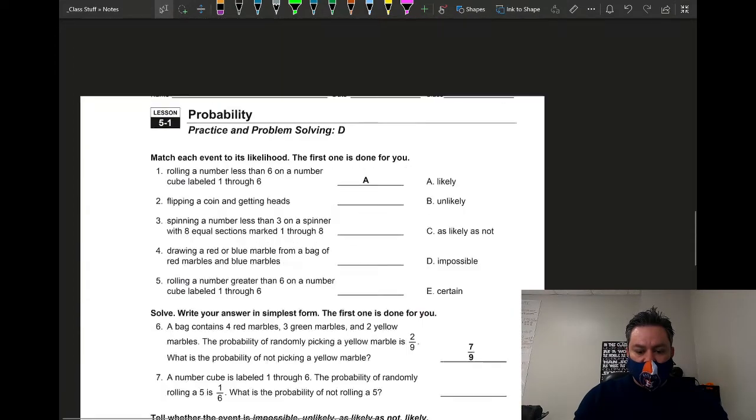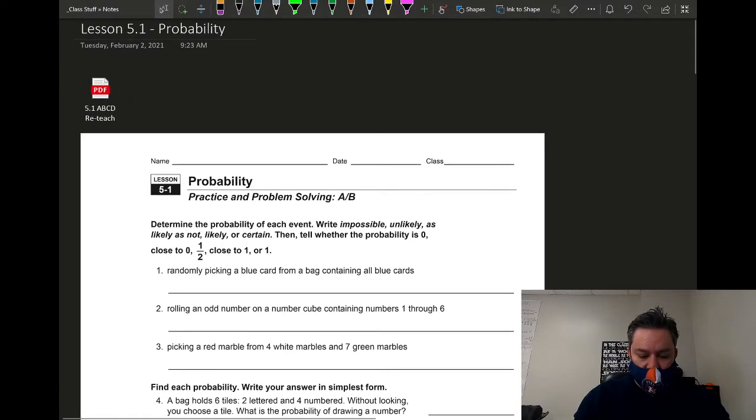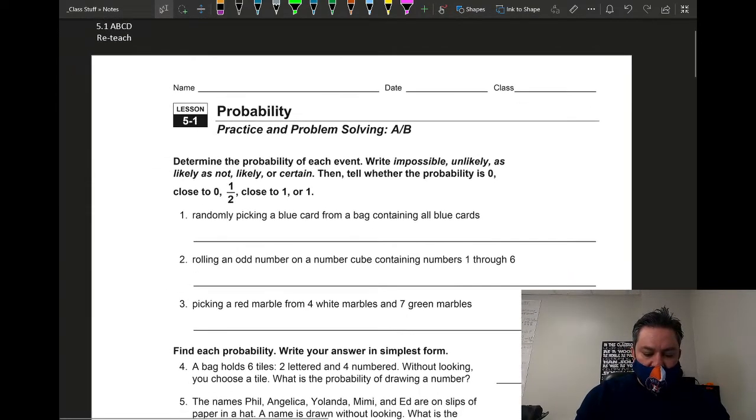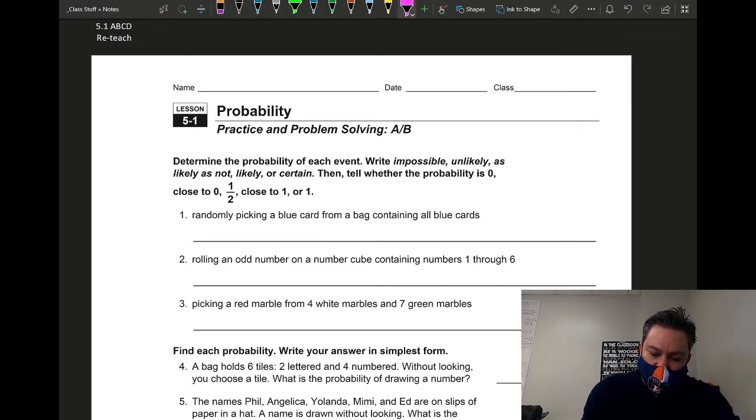So determine the probability of each event: write impossible, unlikely, as likely as not, likely, or certain, and then tell whether the probability is 0, close to 0, half, close to 1, or 1. So let's go ahead and match this up real quick.